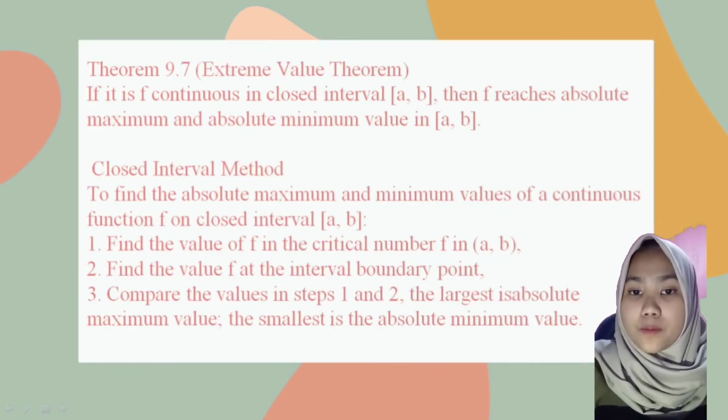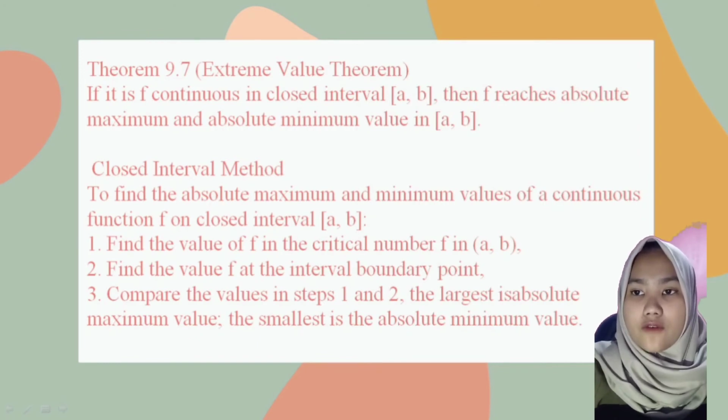Theorem 9.7. Extreme value theorem. If f is continuous on a closed interval [a, b], then f has an absolute maximum and absolute minimum value in [a, b]. Closed interval method to find the absolute maximum and minimum values of a continuous function f on a closed interval [a, b]. 1.